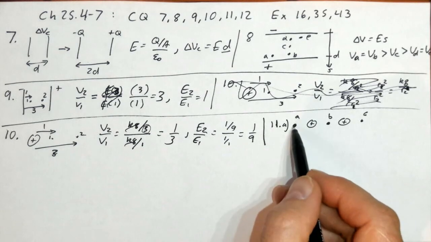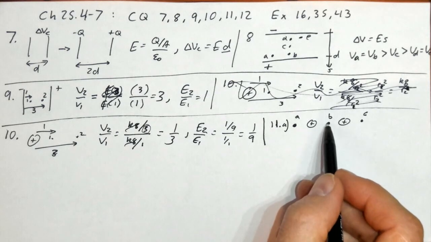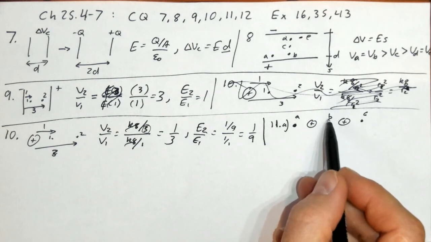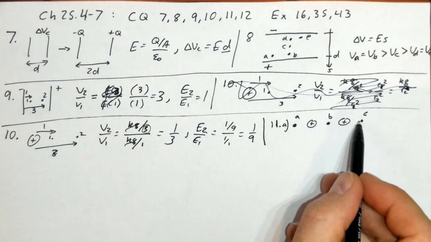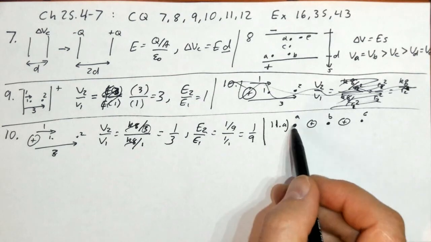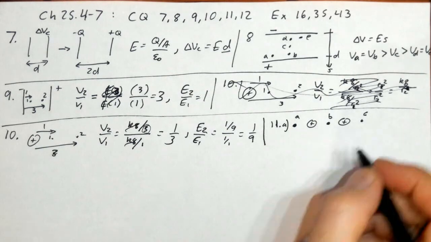And so when I'm looking at this, where is the potential the biggest? In the middle, it's close to both of them, and so it's going to add up. I'll get double. Now on A and C, it's close to one, but far from the other, so the contribution from the other gets small. But since it's symmetric, they're going to be the same.